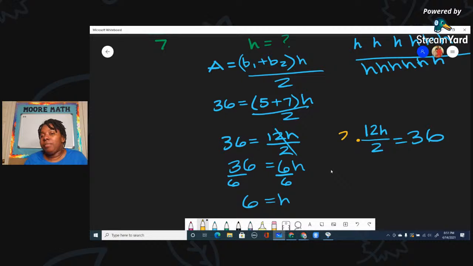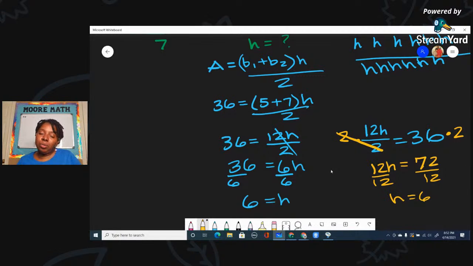You get rid of this division by multiplying by 2, because that cancels it out. Whatever we do to the left, we do to the right to keep it balanced. Then divide by 12 on both sides. You still get h equals 6. Whichever way you like, both work. But 12h cut in half is just 6h, and that's how you would do a problem like that.